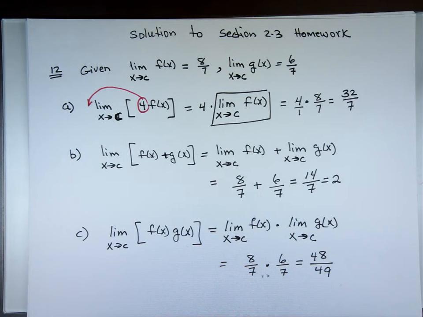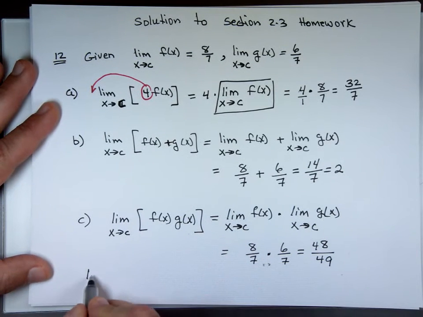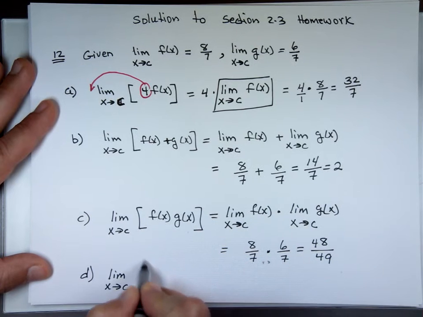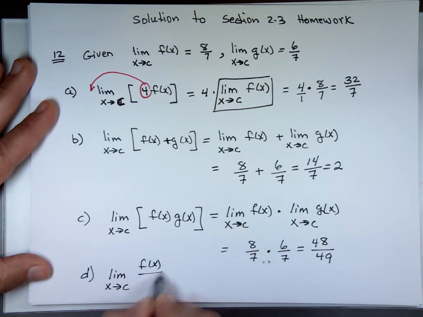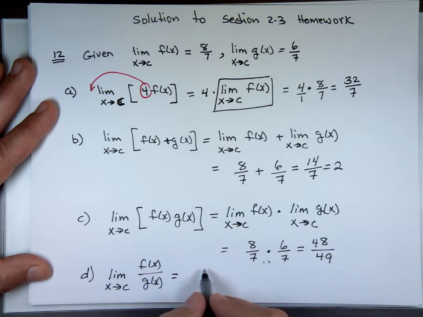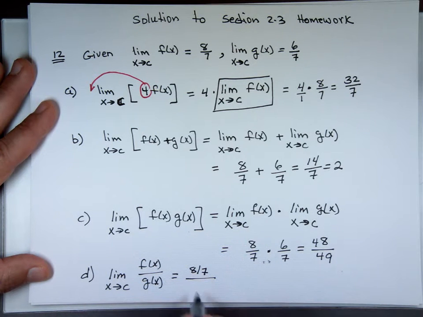And the last one, f over g. Again, you can break it down into two separate ones. I don't have room to write them there. So we take the answer of f, which is 8 over 7, divided by the answer of g, which is 6 over 7.